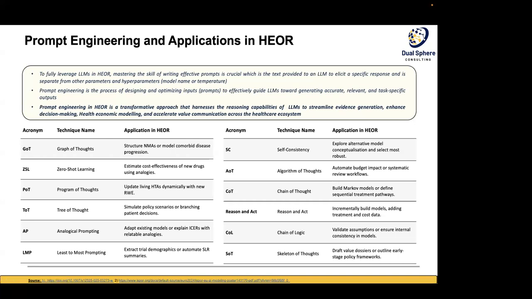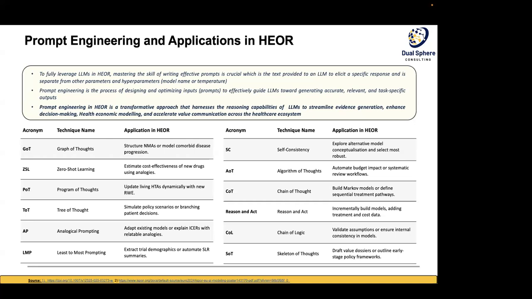Chain of thought, build Markov model or define sequential treatment pathways. Reason and act, incrementally build models, adding treatment and cost data. Chain of logic, validate assumptions to ensure internal consistency in models. Skeleton of thoughts, draft value dossiers or outline early stage policy frameworks.